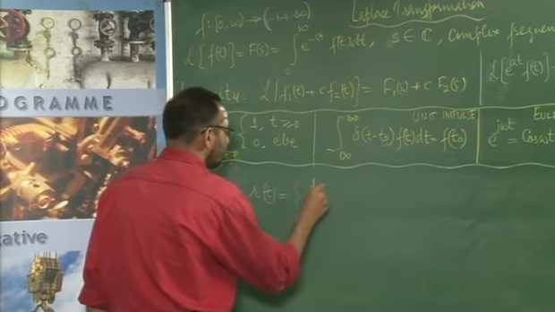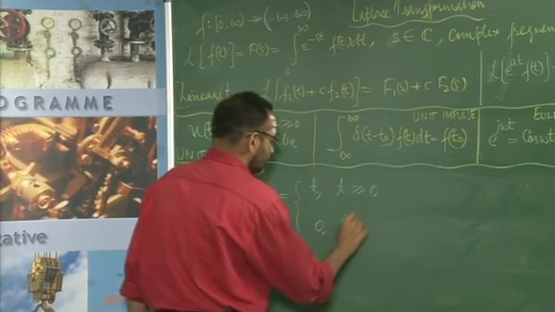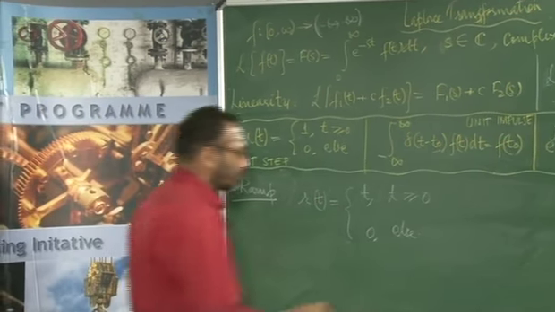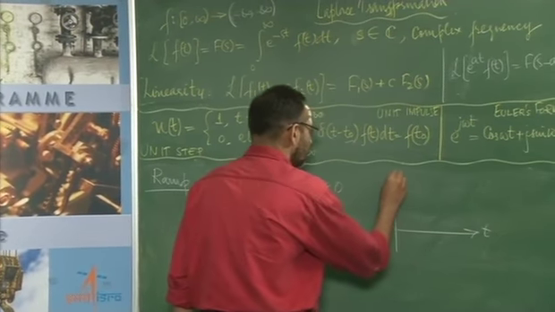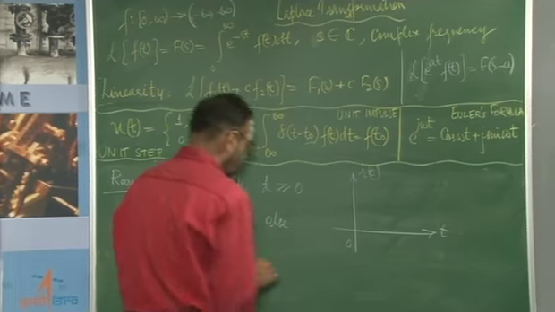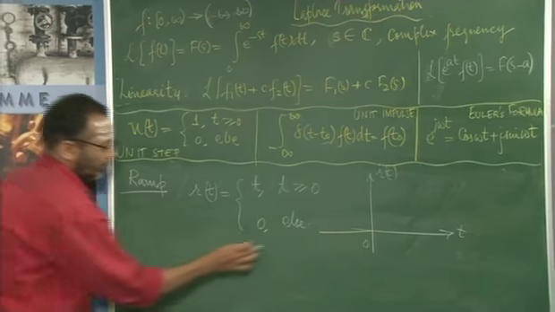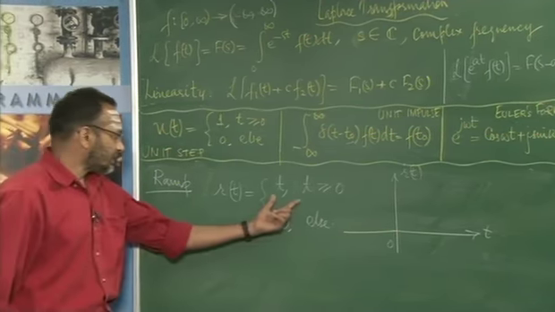It is t for t greater than or equal to 0, it is 0 else. Straightforward to plot this. This is t, this is r of t, this is 0. To the left of 0, it is 0. To the right of 0, it is t.